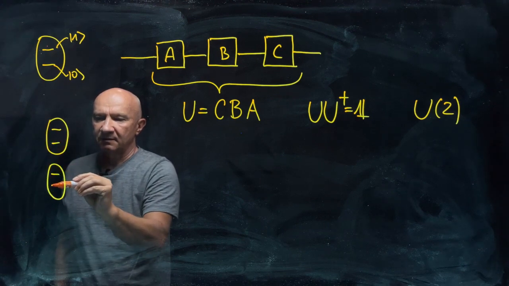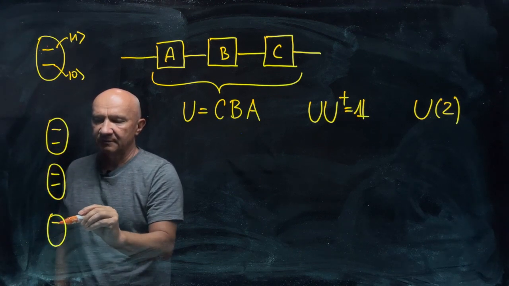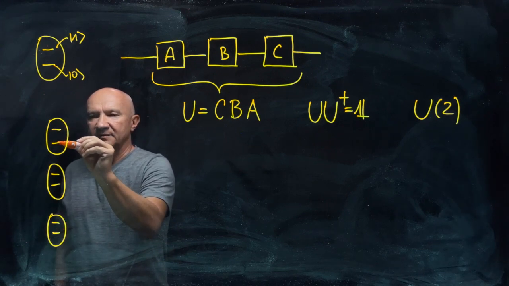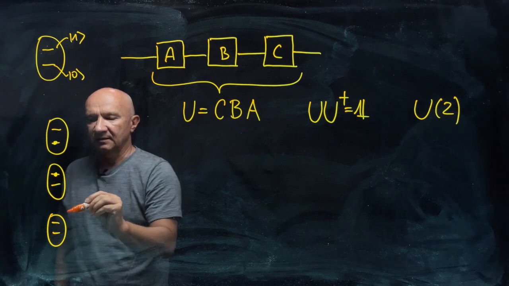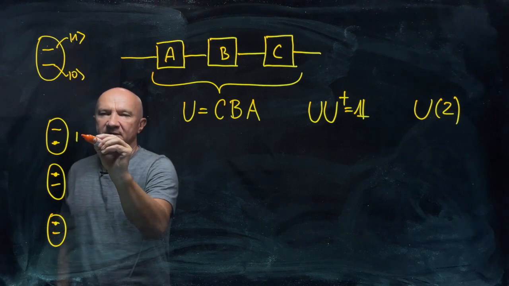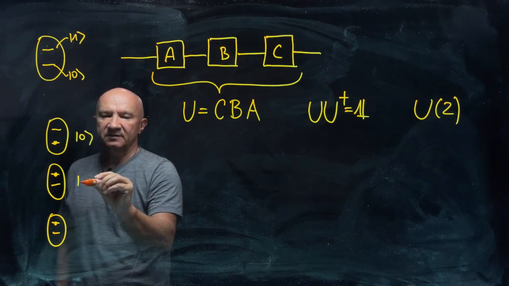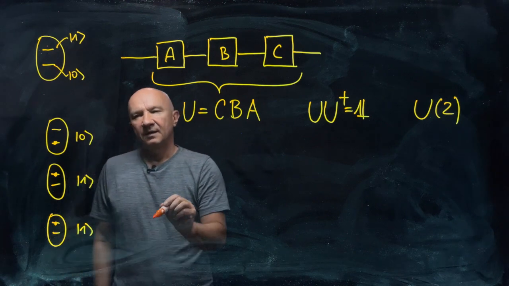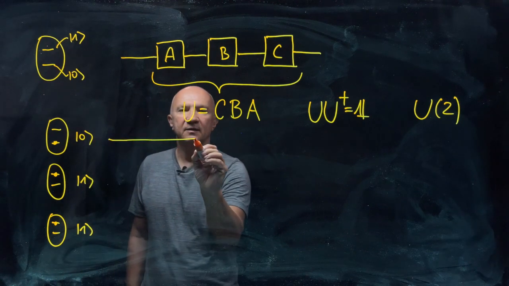Those are my two-level atoms. And we can just prepare this input, say 0, 1, 1. So this one is in state 0, this one is initially in state 1, and this one is also in state 1.